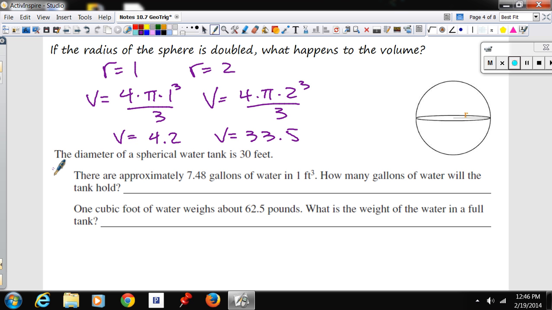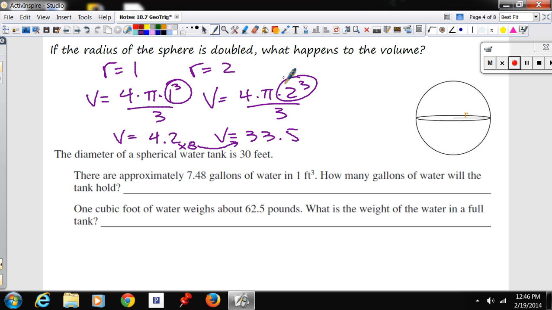So did the volume get doubled? I doubled my radius. So what happened to the volume? It got way bigger. Like how much bigger? Like 10 times bigger? Oh, like 8 times bigger is right. It's about 8 times bigger. You know why? Look at this number and look at this number.